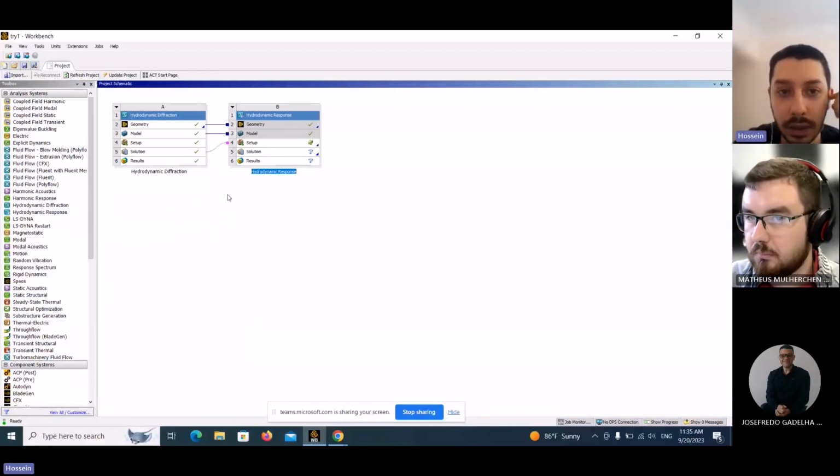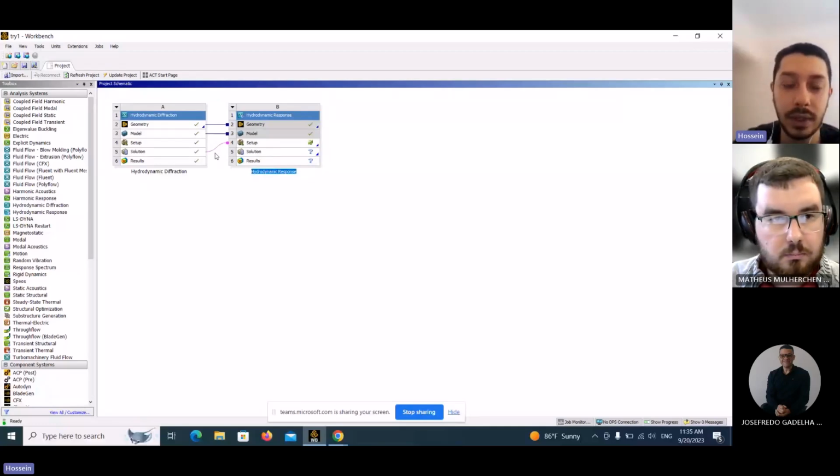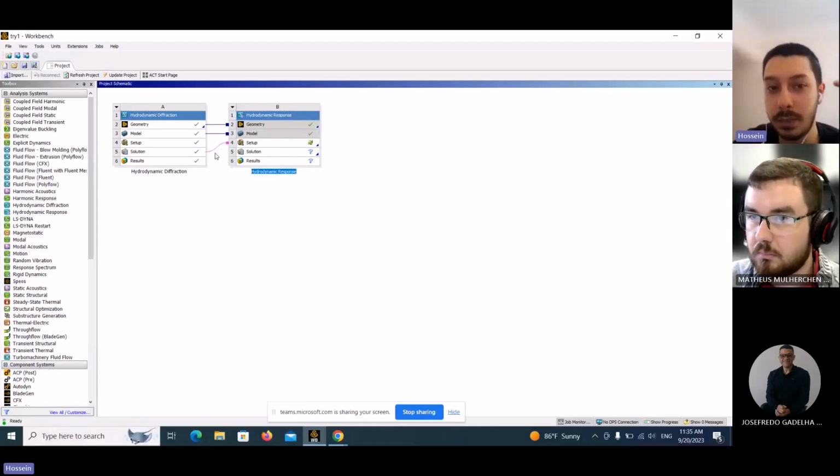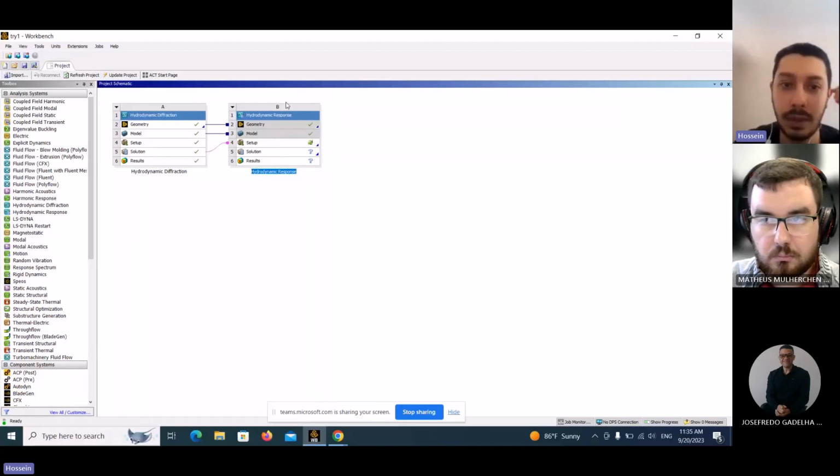Here the hydrodynamic response is added to hydrodynamic diffraction, and the outputs of the frequency domain, like the hydrodynamic coefficients, are imported into the time response analysis.